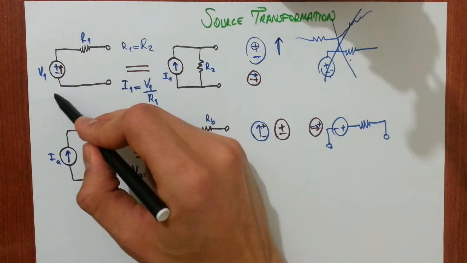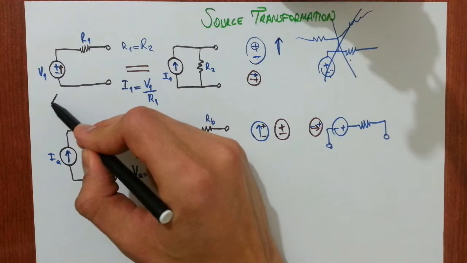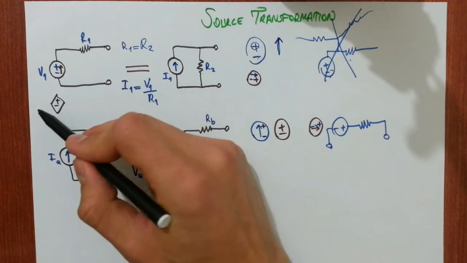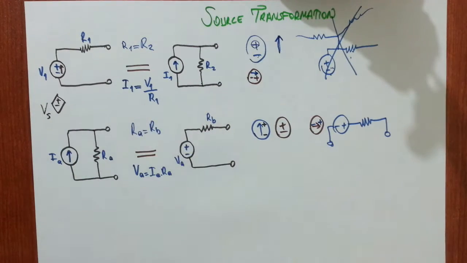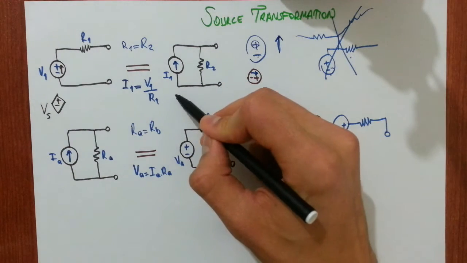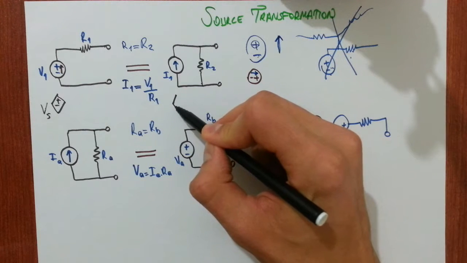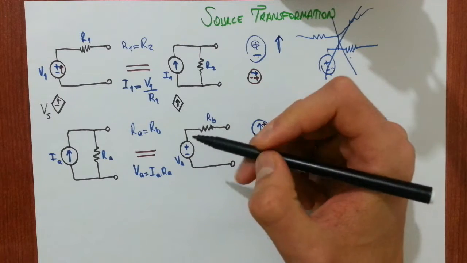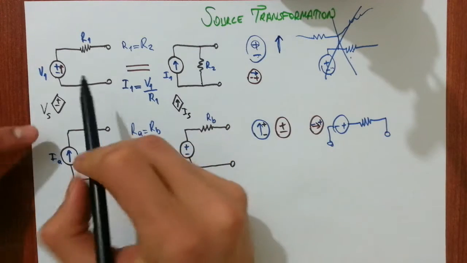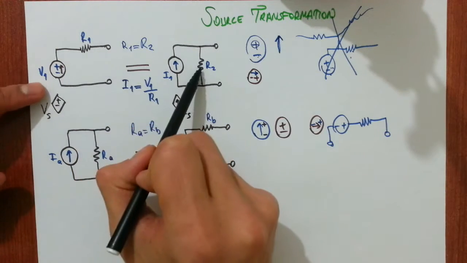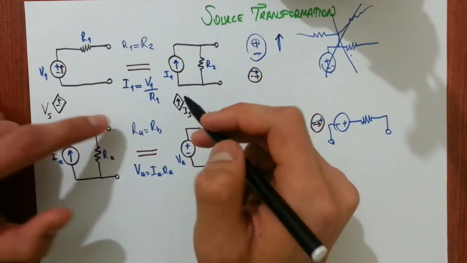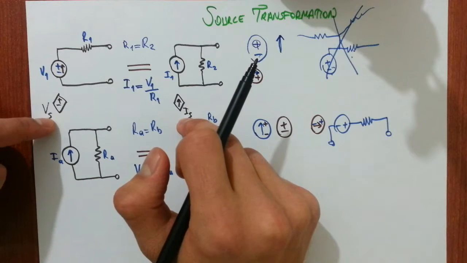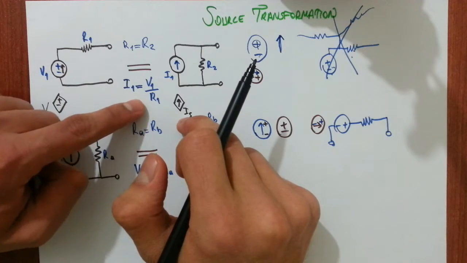Assume that you have here a dependent voltage source like this, with value Vs. You will convert it to a dependent current source like this. Then the resistor again is the same, and the relation between current source and voltage source is again the same.